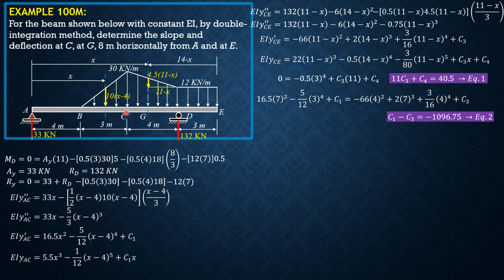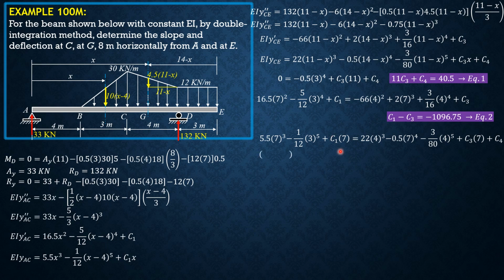Also, the deflection at C is common for the two equations. That is, EIYEC when x is 7 is equal to EIYCE when x is 7. So 5.5 times 7 cubed minus 1/12 times 3 to the 5th plus c sub 1 times 7 is equal to 22 times 4 cubed minus 0.5 times 7 to the 4th minus 3 over 80 times 4 to the 5th plus c sub 3 times 7 plus c sub 4.